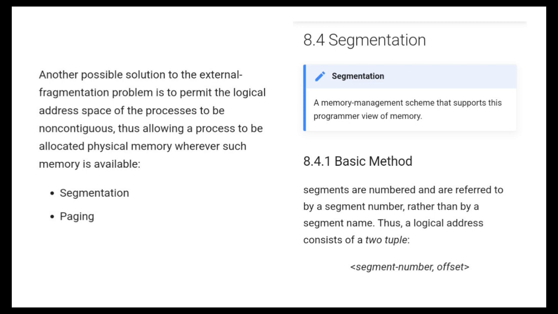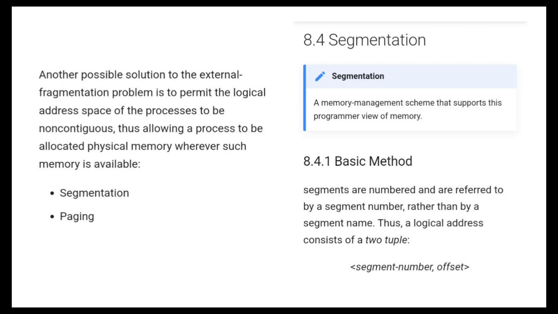Rather, they tend to think of their memory in multiple segments, each dedicated to a particular use, such as code, data, the stack, the heap, etc. Memory segmentation supports this view by providing addresses with a segment number mapped to a segment base address and an offset from the beginning of that segment.